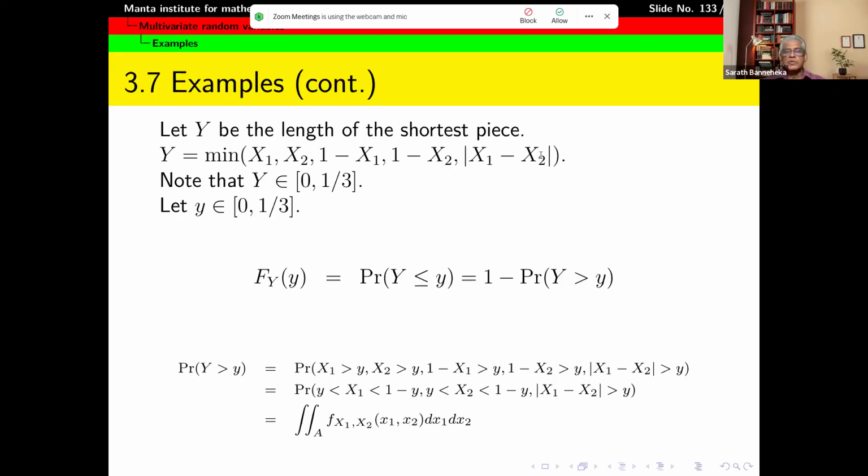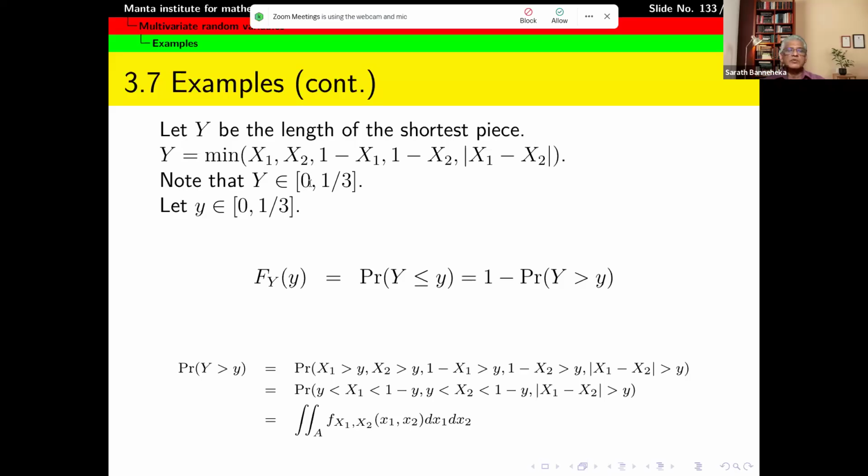There are three pieces. For example, x1, 1 minus x1, x1 minus x2. Or x2, 1 minus x2, x1 minus x2. Those are the lengths of three pieces. So the length of the shortest piece will be the minimum of all those. Now, what are the possible values for y? Y is the minimum of these things.